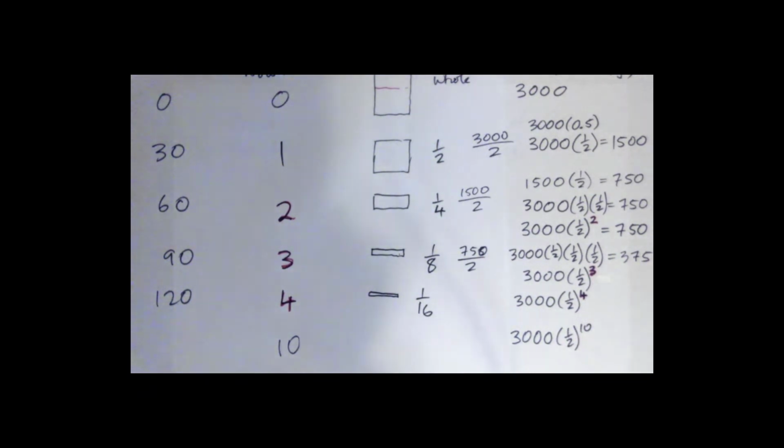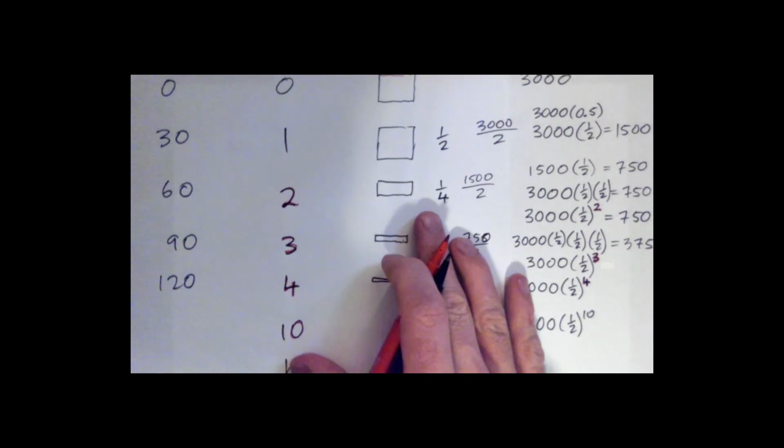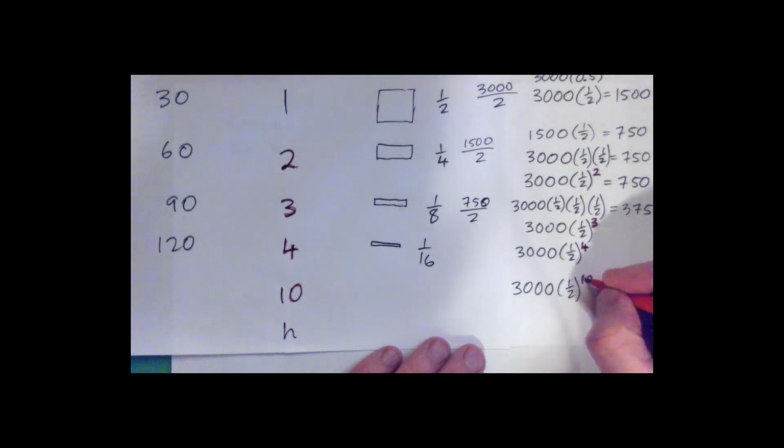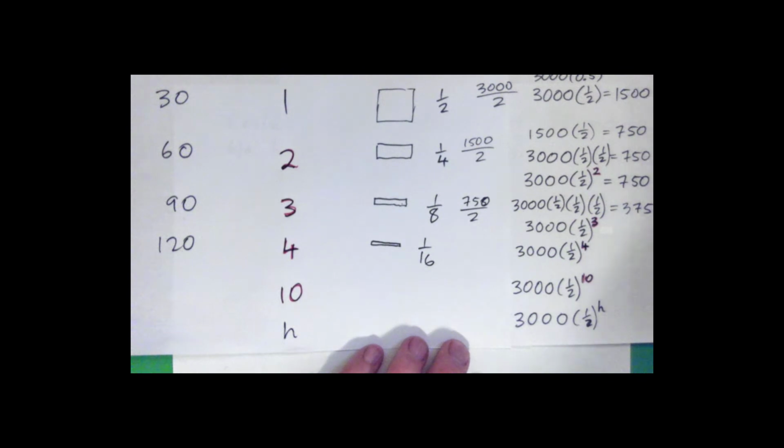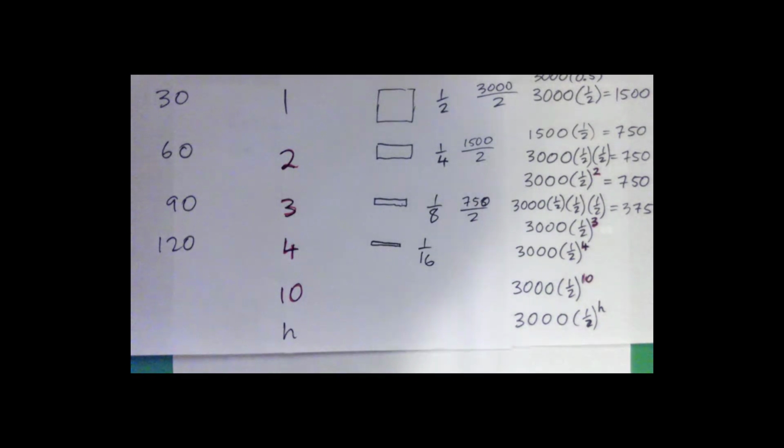Agreed? Oh, good. And now do H half-lives. For H half-lives. Yep. 3,000 times a half, or 0.5 to the power of H. Perfect. Yep. Cool. Yeah, so cool. Absolutely.